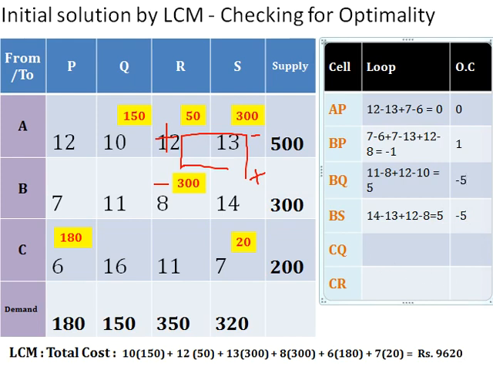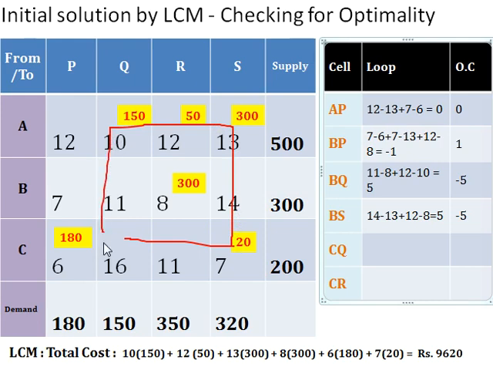For this cell CQ, again we have to calculate. So take the loop. If we start coming here, take a turn, again we take a turn from here.